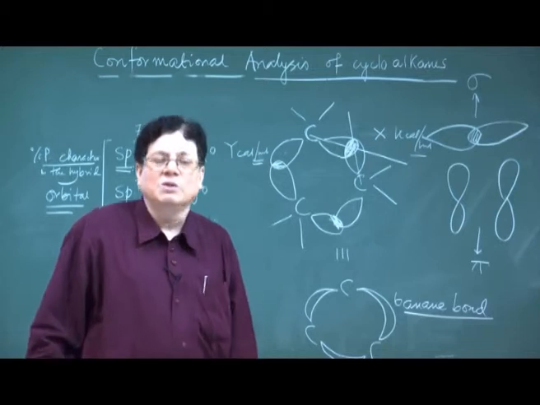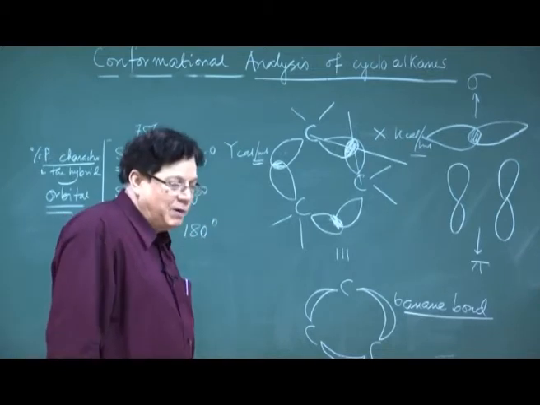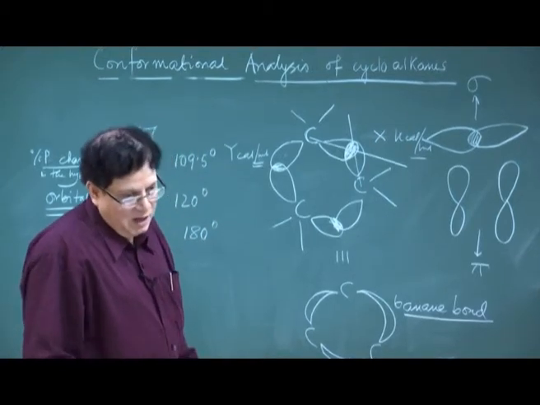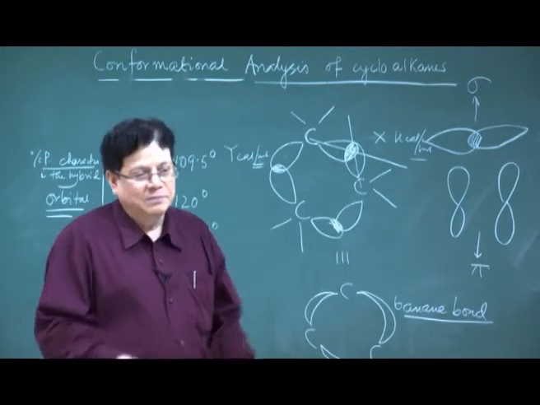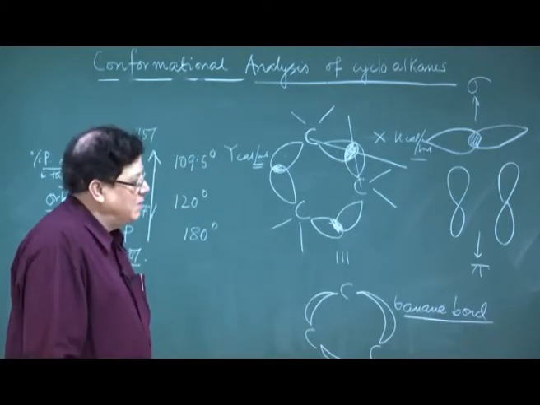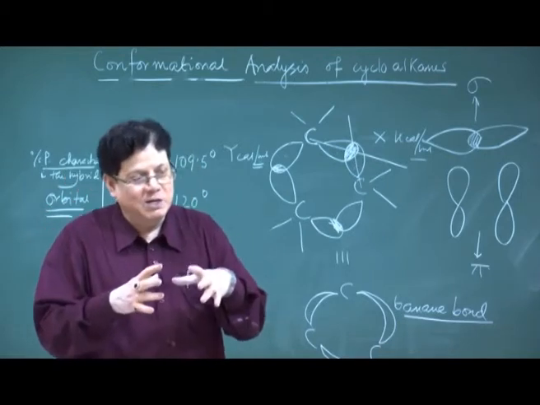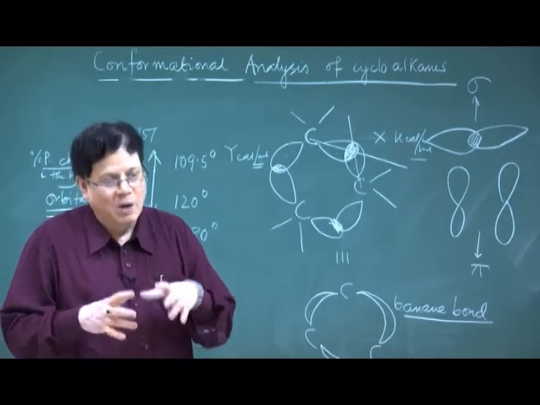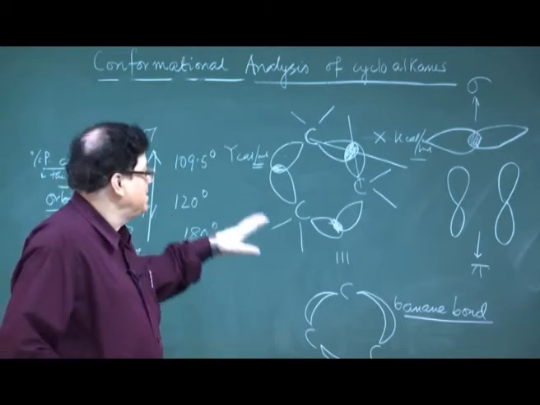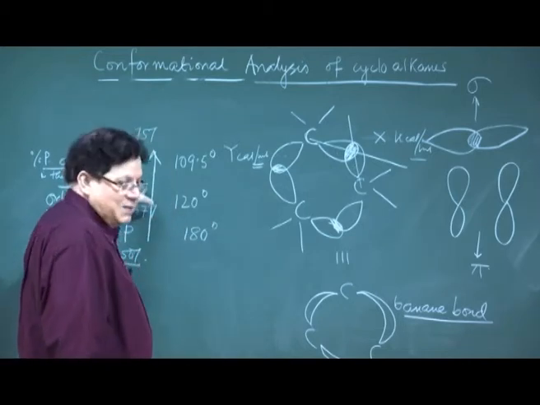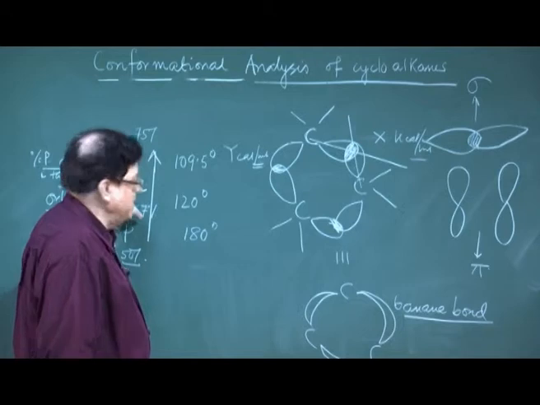See, what was the concept of hybridization? The concept of hybridization was that you take orbitals of different energies, some may be the same energy, but at least one has to be different, like sp3: 3 p orbitals of the same energy and 1 s of different energy.